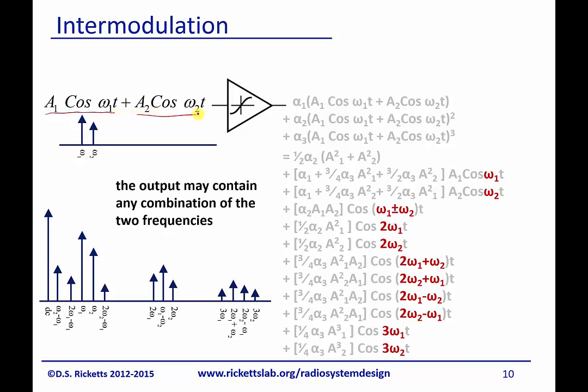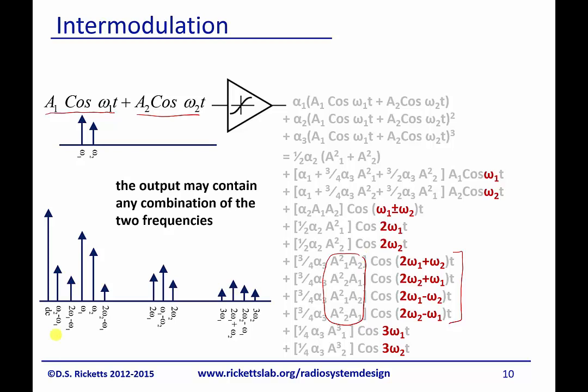And this math should all be familiar to you just from the nonlinearity slides that we've done before. But we can see that as before, we end up with all of these tones that are the sums and differences of the two frequencies, and that they're dependent upon the amplitudes of both of these.